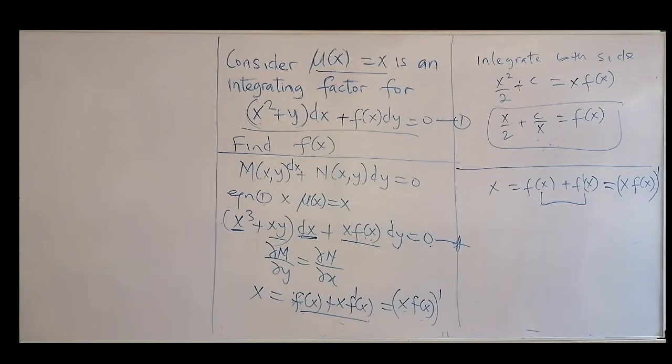Then you integrate both sides, and once you integrate both sides, the prime will go. Your constant will be on the other side. That will be x squared over 2 plus c equal to x f of x. Then divide both sides by x so that you can get your f of x. And that's that question.